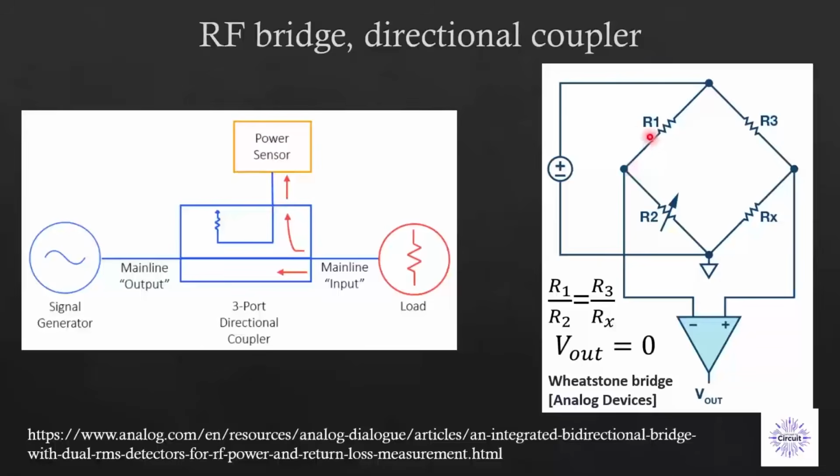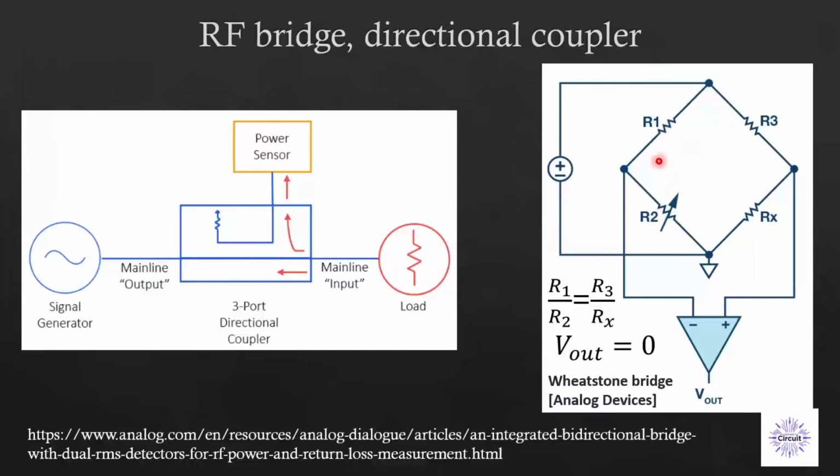And that way, for instance, if you make all R1, R2, and R3 equal to, let's say, 50 ohm or your Z naught, based on the voltage you read, you can find how much Rx is. For instance, if Rx becomes equal to R1 times R3 over R2, the voltage becomes 0. This is one of the ways you can measure the input impedance, or basically the reflected amplitude, of the device using this bridge.